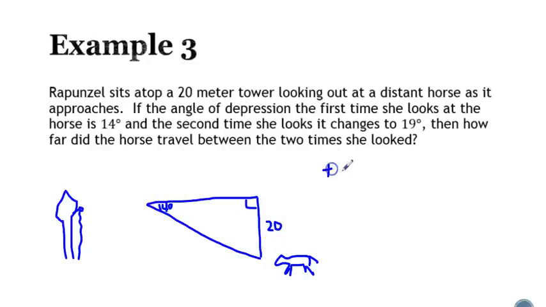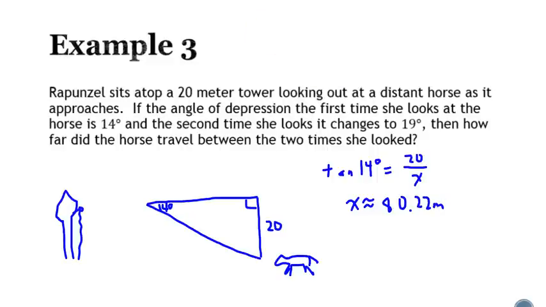So I'm going to write tangent of 14 is equal to opposite over adjacent. And if we solve that, we'll have 20 divided by tangent of 14. So I'm getting a horizontal distance of approximately 80.22 meters.